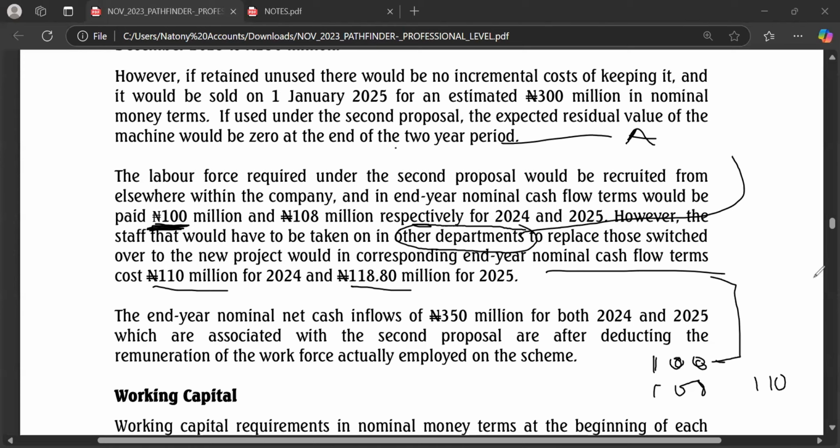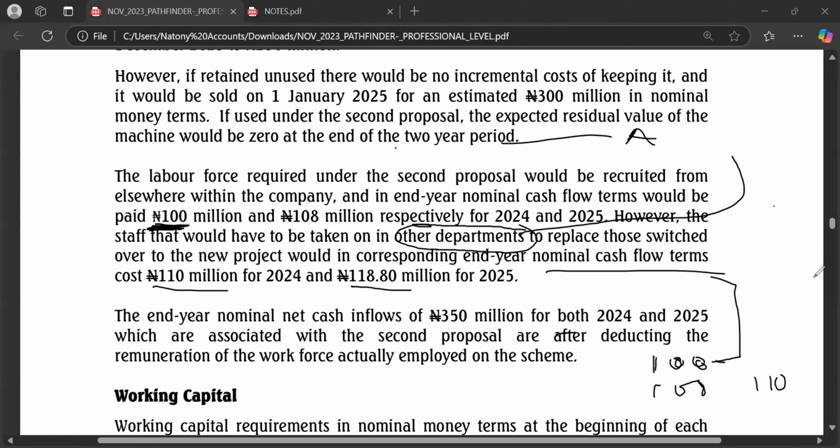So now let's look at the year-end nominal net cash flow, which will be 350 million for both years. I think that was stated earlier on, and it is associated with the second proposal after deducting the remuneration of the workforce actually employed on the scheme.